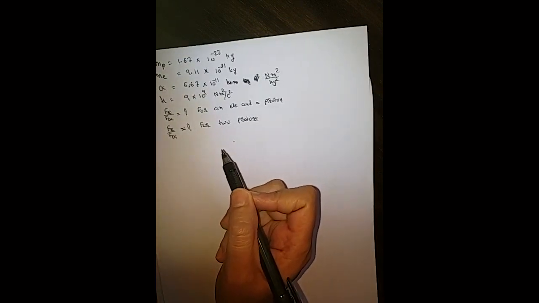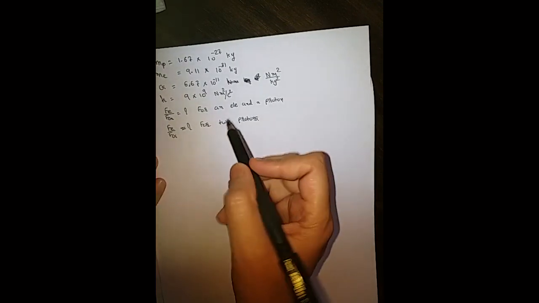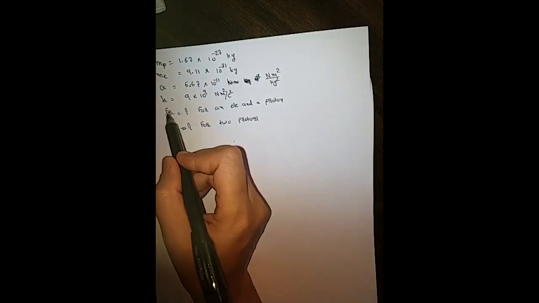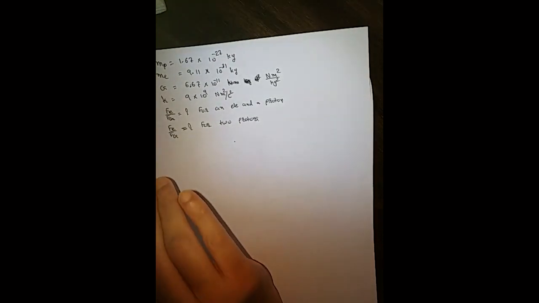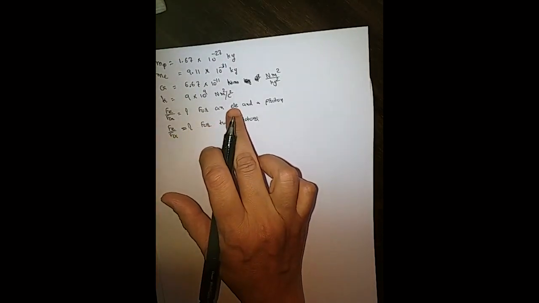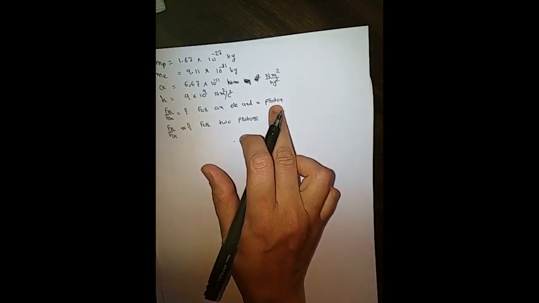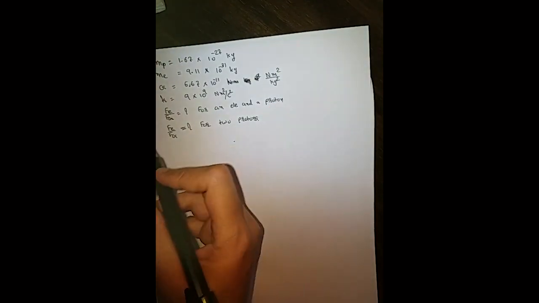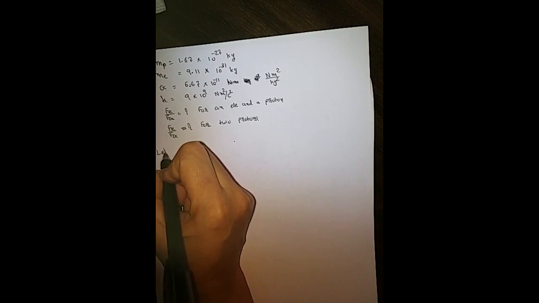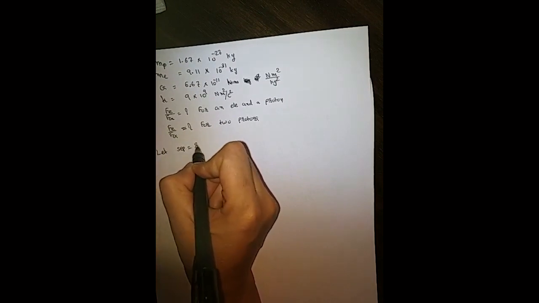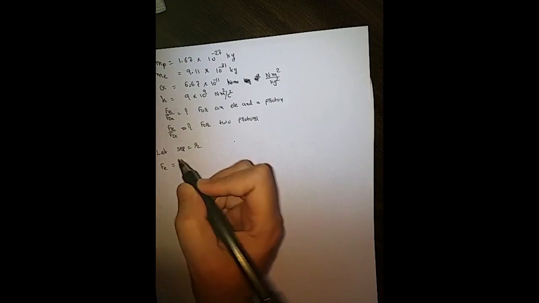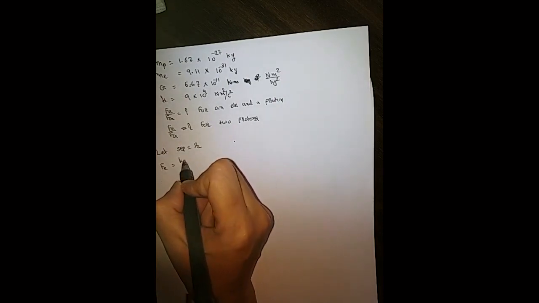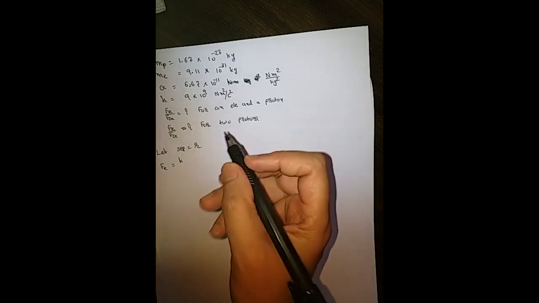So, first of all, we will consider this one. I have to put the formula for Fe and the formula for Fg. Here we will consider that electron and proton are at a separation of r. So let separation equal r. So I can say that Fe, the electrical force, is equal to K Q1 Q2 upon r square.